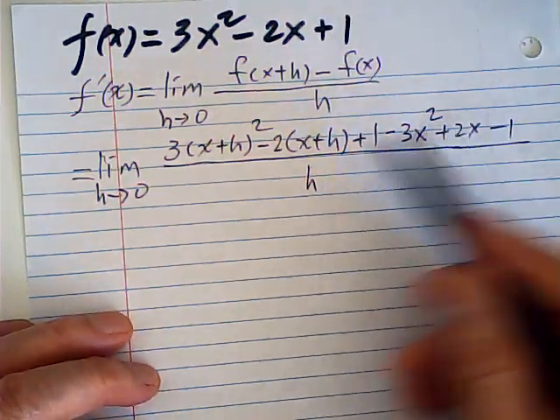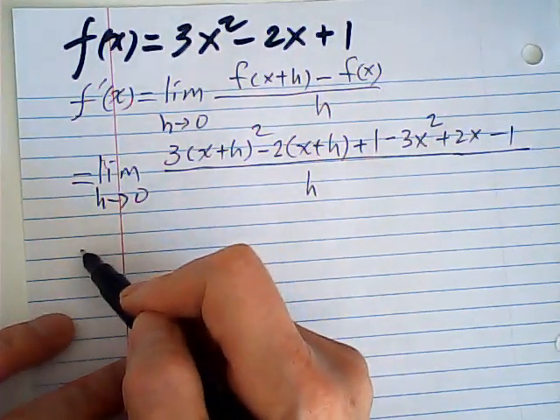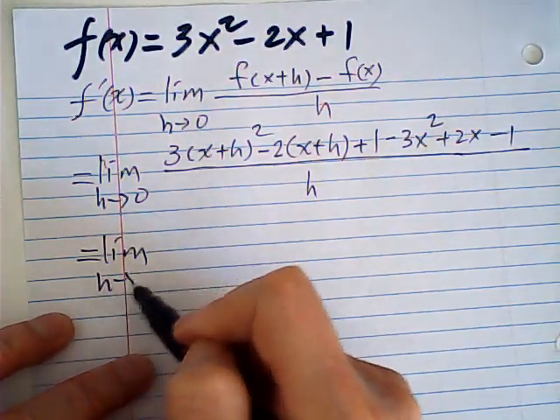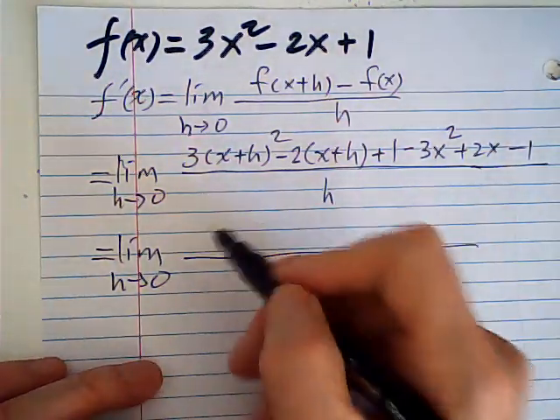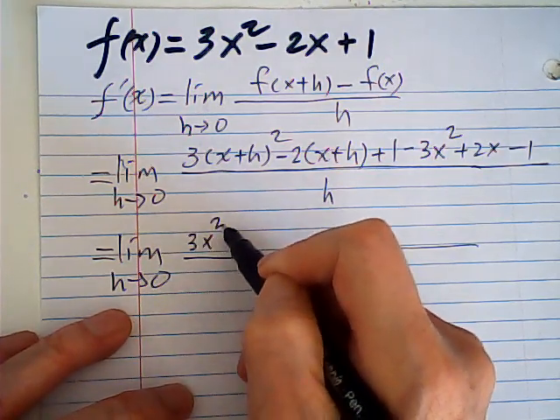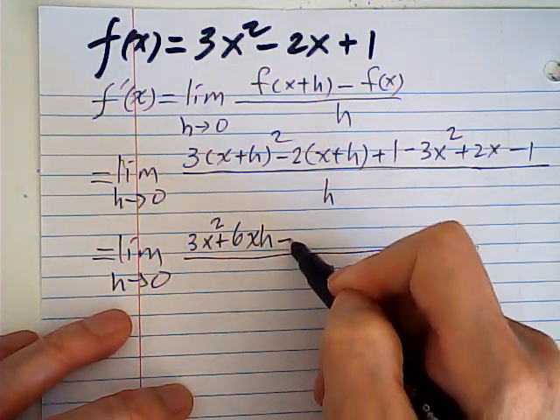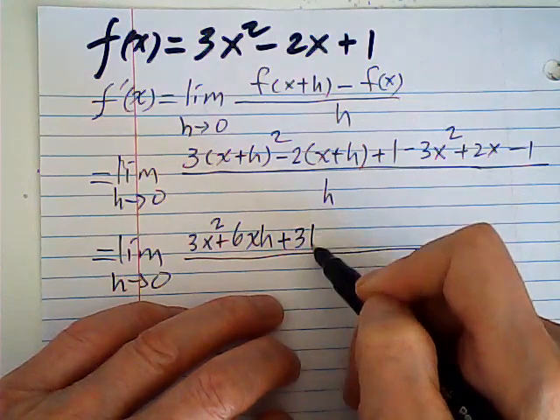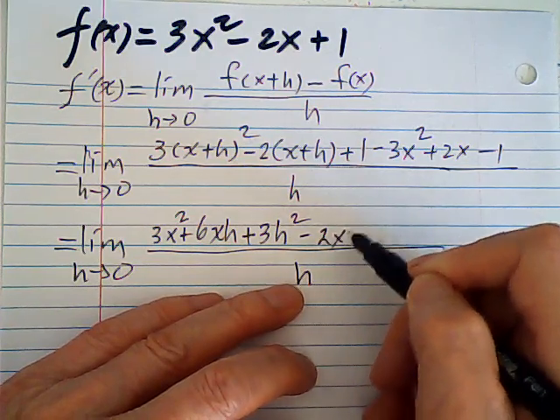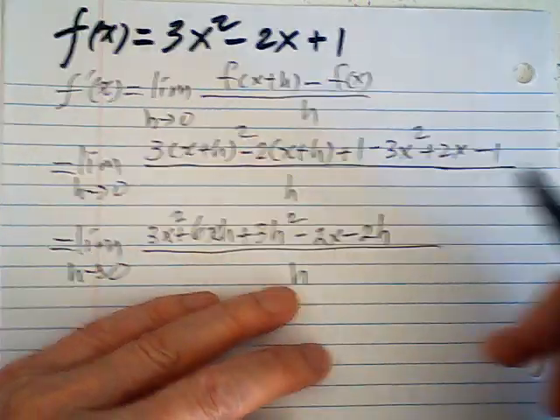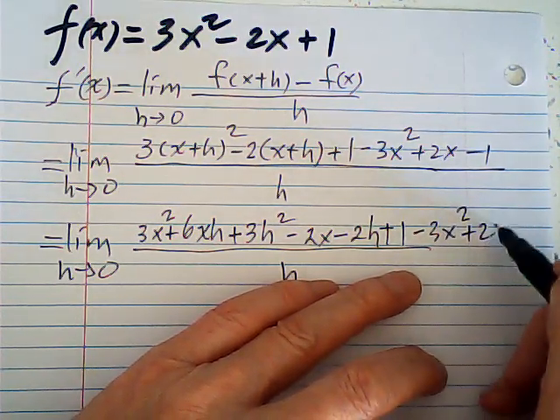Simply executing the algebra. Then this is equal to the limit as h goes to 0. This will be 3x squared, right? Plus 6xh plus 3h squared minus 2x minus 2h plus 1 minus 3x squared plus 2x minus 1.